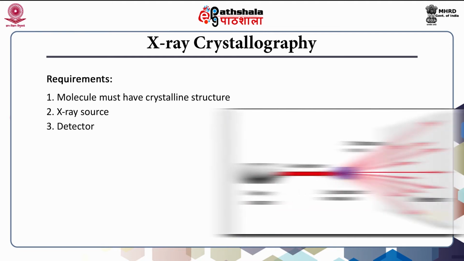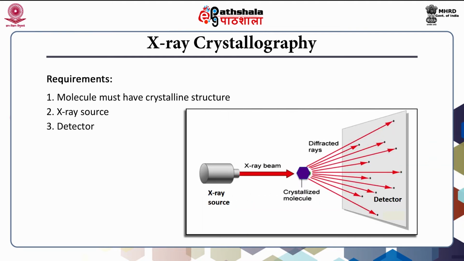In this slide you can see all these three requirements in the picture on the right hand side. Here you can see the X-ray source, which is giving X-rays. The X-ray beams are coming and hitting a crystal made up of either protein or any biopolymer, and you can see this colorful diffraction pattern of the beams, and those beams are hitting the detector.